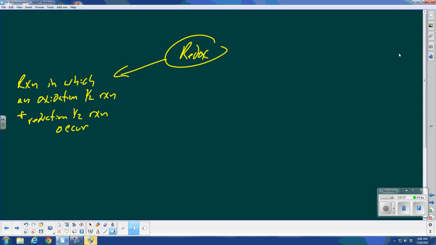Or another way to say that is, this is a reaction in which oxidation and reduction occur. Good. So I think that's a pretty good definition of redox. Now, underneath this, we need to clarify some things.